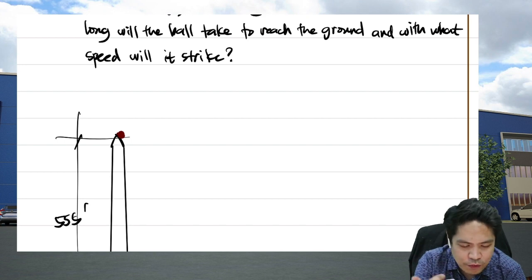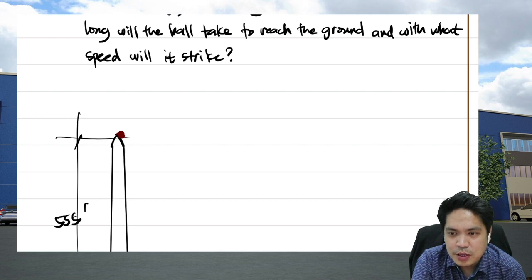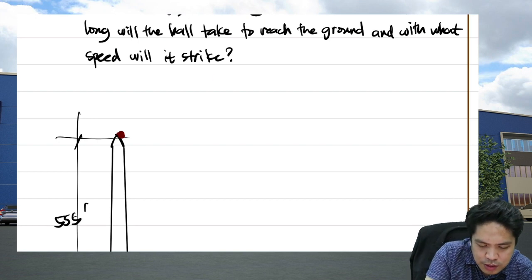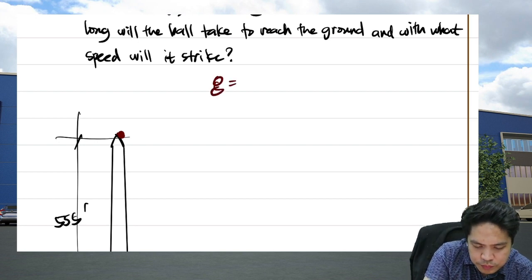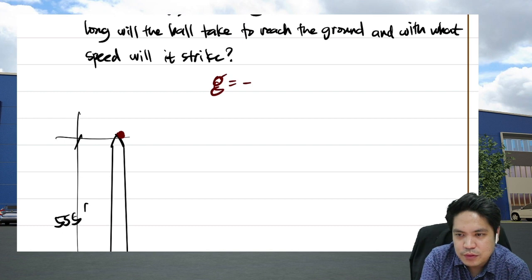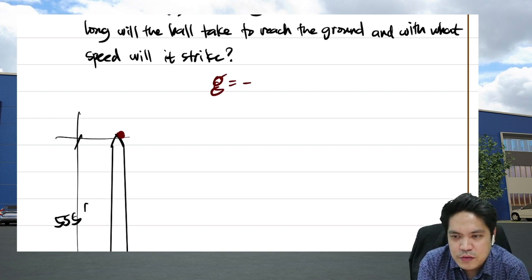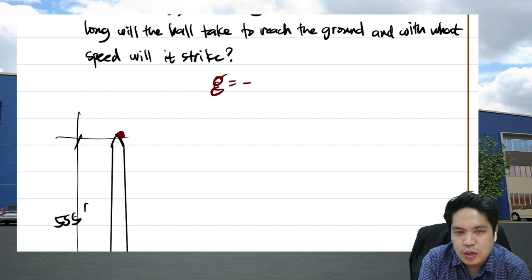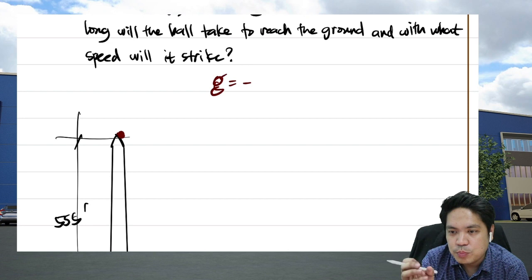Okay? So therefore, kung gagamit tayo ng calculus in solving this problem, we should always use g, or acceleration due to gravity, as negative. Okay? Again, negative siya because the action of g is to pull down an object moving upward.